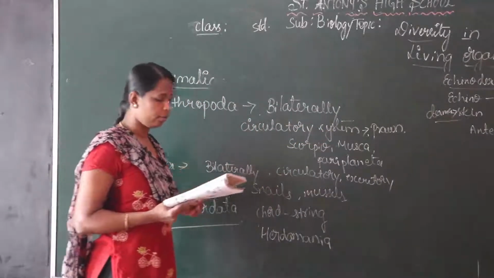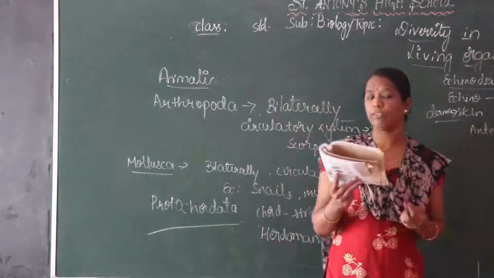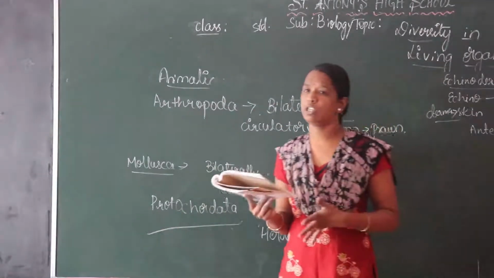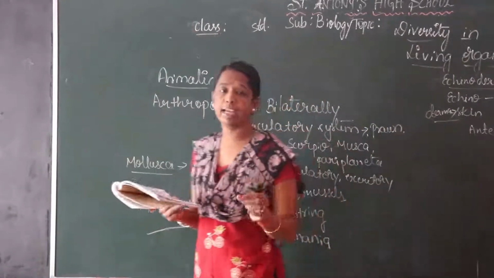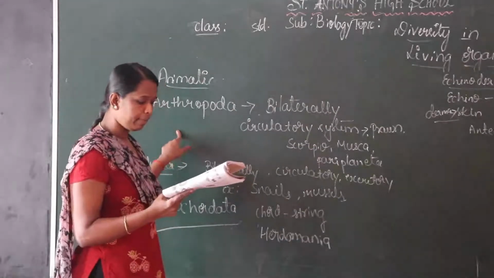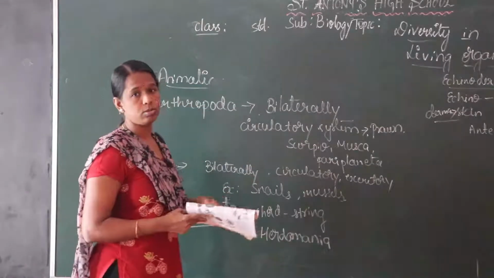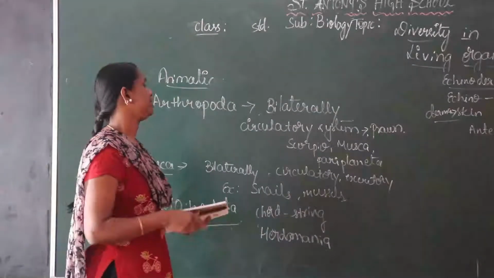Periplaneta means cockroach. Here in Arthropoda, the blood does not flow in well-defined blood vessels. They do not have well designed blood vessels. And when considering a butterfly, it also has an open circulatory system.